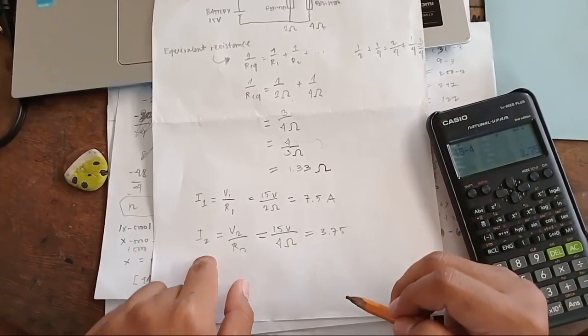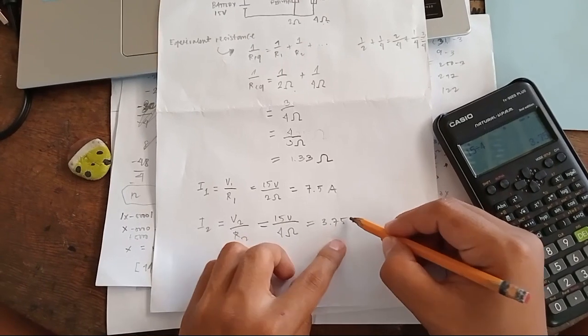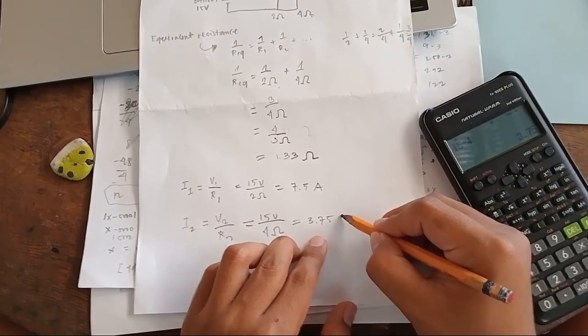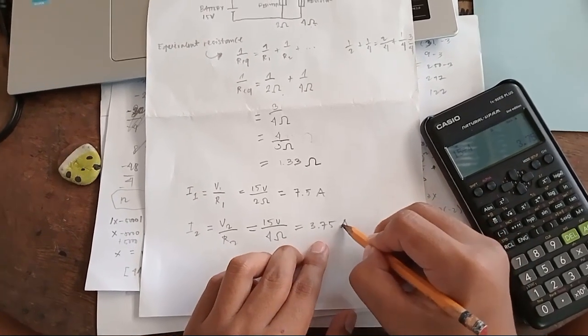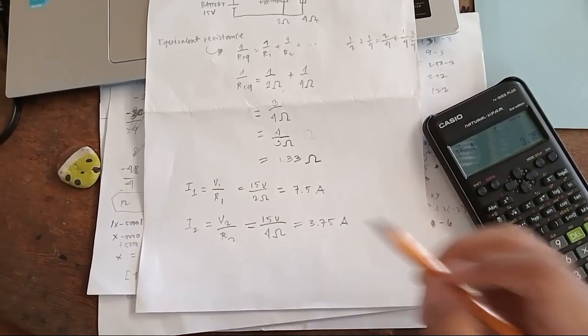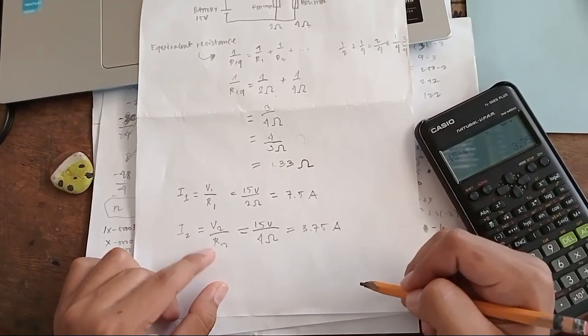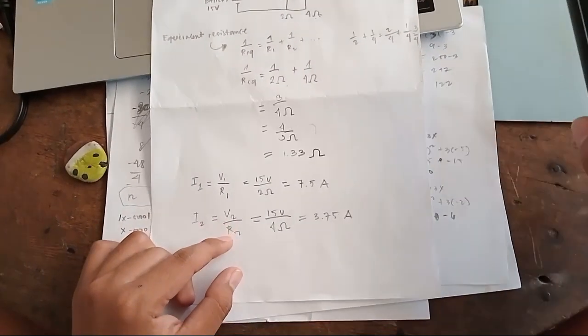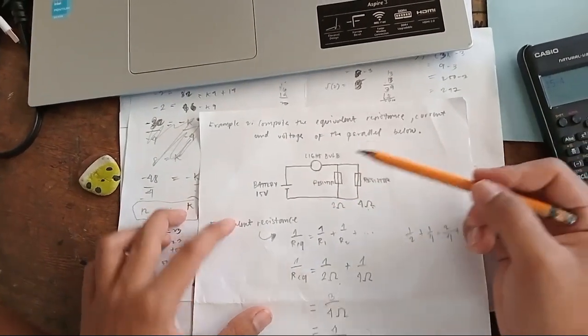The second resistor has 3.75 amperes. This is how to get the current of each resistor in a parallel circuit.